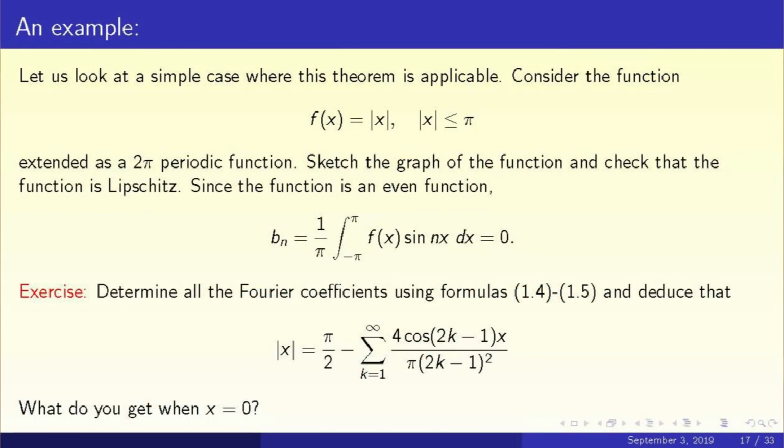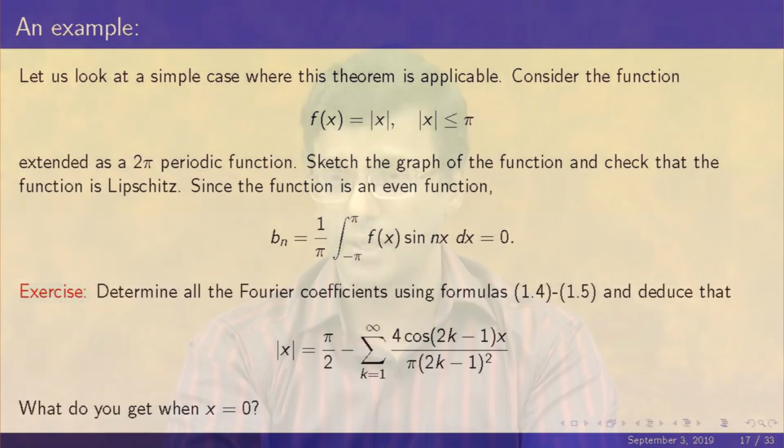The answer is pi squared by 8. So that's a very instructive example to work out. I leave it to you to carry this to completion, and please calculate the Fourier coefficients and obtain this formula that appears on the slide. Okay, so we'll stop here for now and we'll continue later.